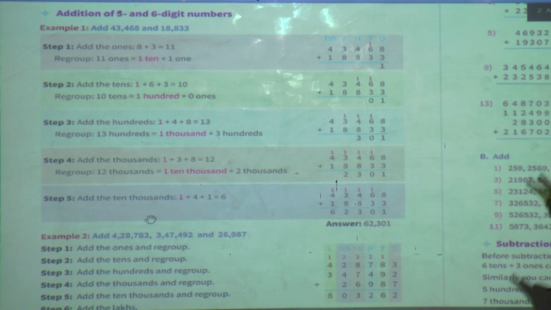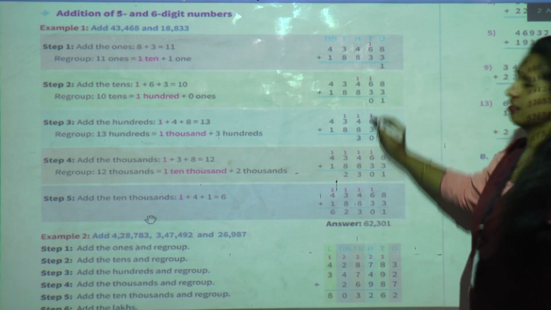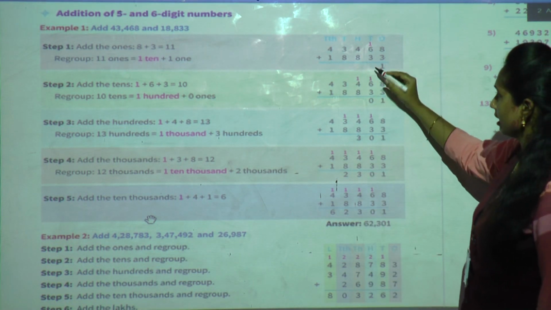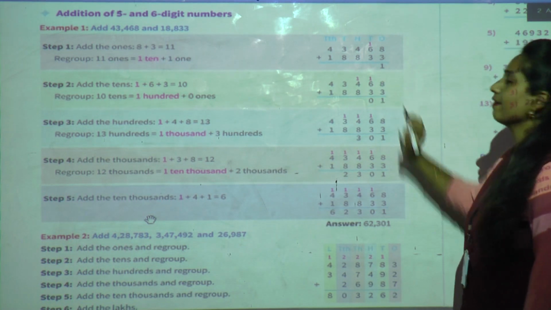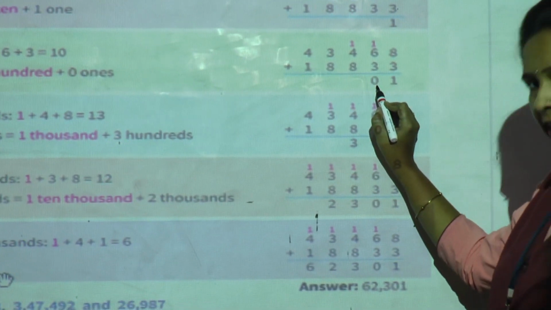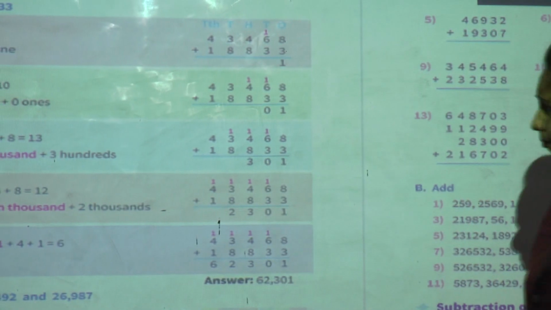Now what is the second step? We have to add all these three numbers on tens place: 1 plus 6 plus 3. 1 plus 6 is 7, 7 plus 3 is 10. So we write 0 on tens place and carry 1 to hundreds place.